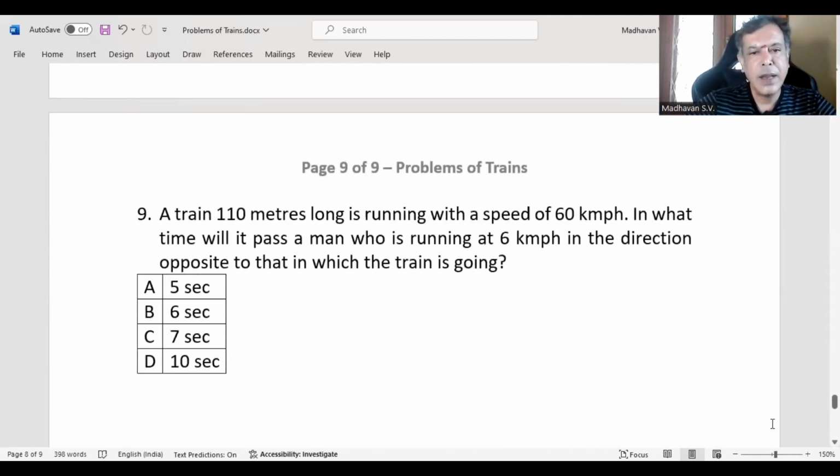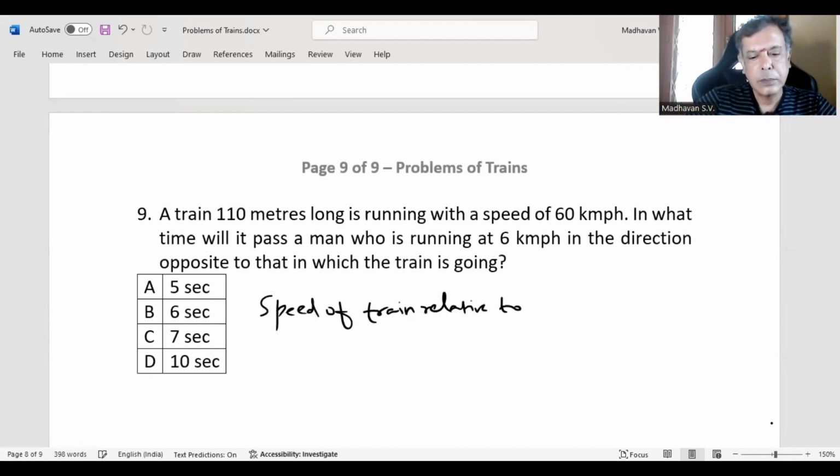A train 110 meters long is running with a speed of 60 km per hour. In what time will it pass a man who is running at 6 km per hour in the direction opposite to that in which the train is going? So speed of train relative to man, they are moving in the opposite direction, which means 60 plus 6 km per hour.